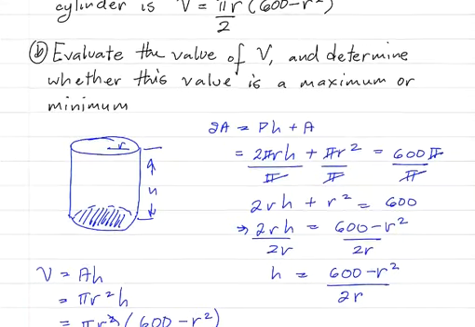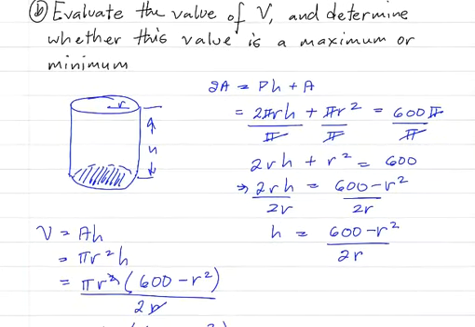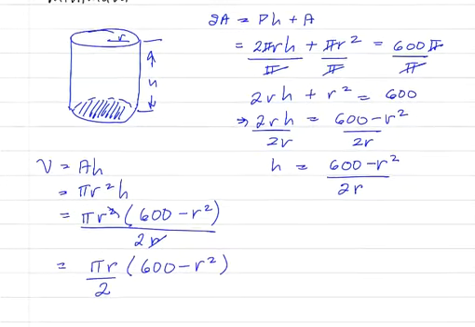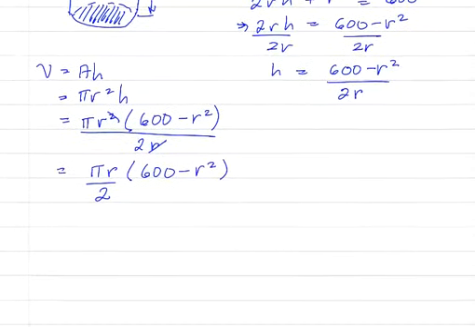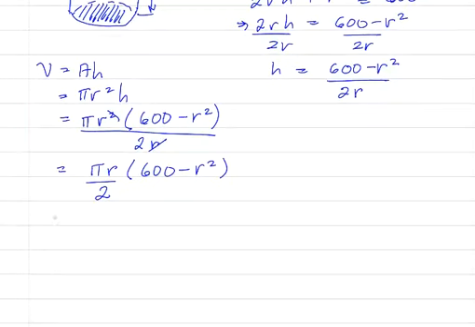Now, part B of the question asks us to evaluate the value of V and determine whether this value is a maximum or minimum. Alright, so V is equal to pi over 2 times (600r minus r cubed).